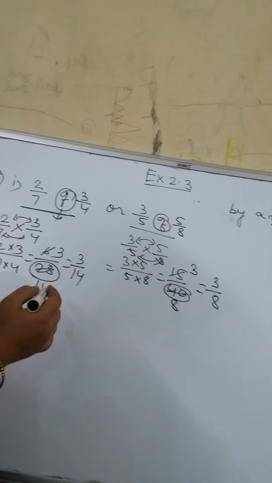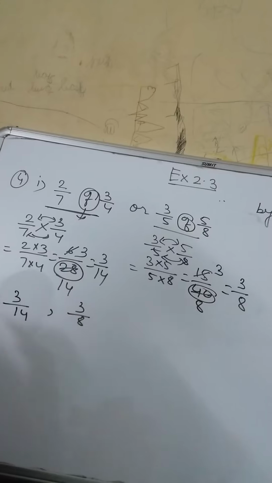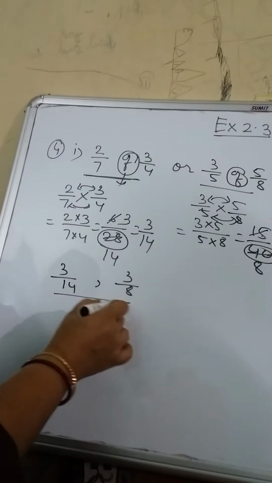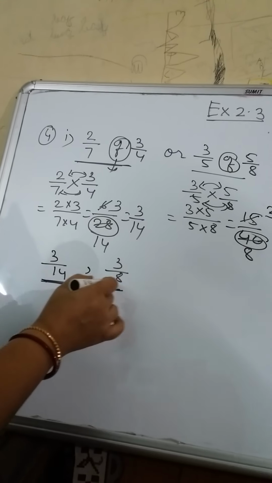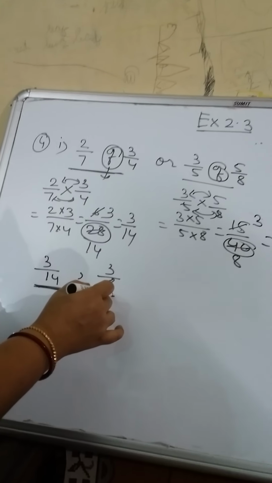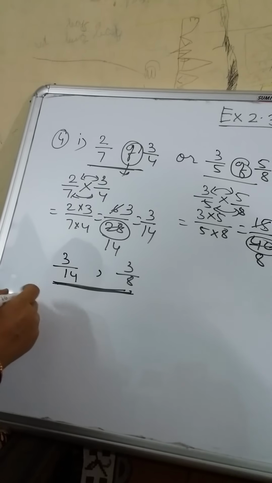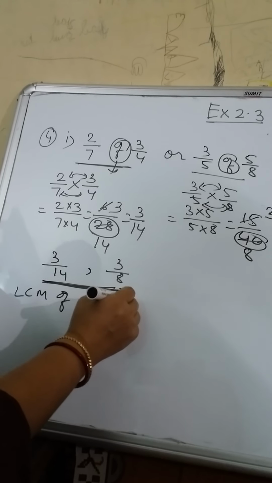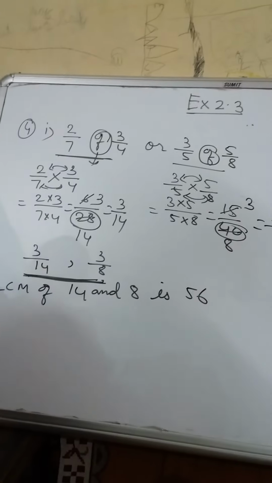Now we have to compare between 3/14 and 3/8, which one is greater. Whenever you have to compare, you have to convert them into like fractions, whose denominators are equal. How can you do it? You can do it by taking the LCM. So the LCM of 14 and 8 is 56.